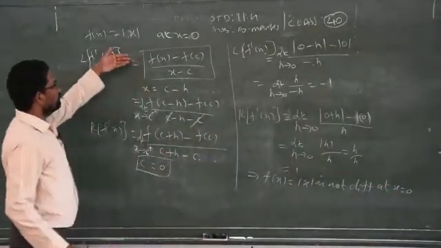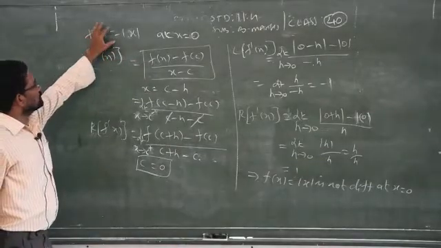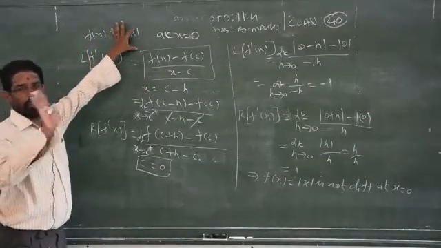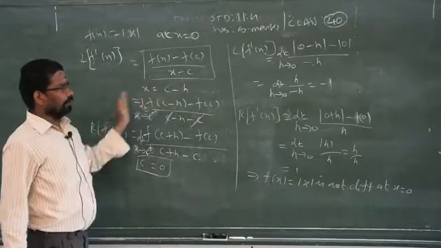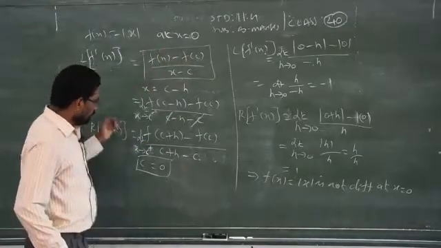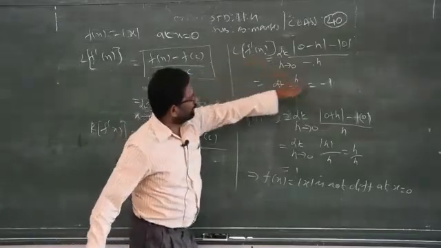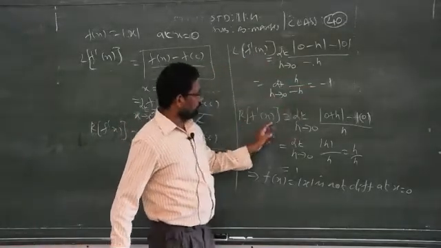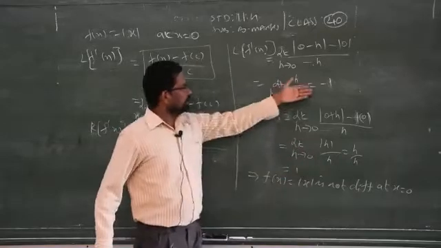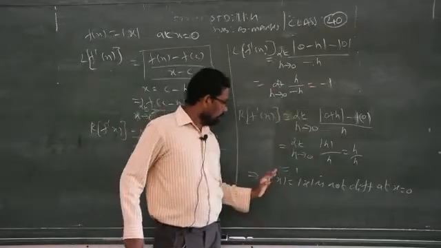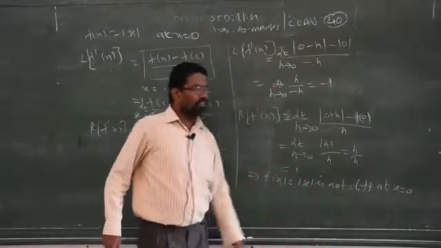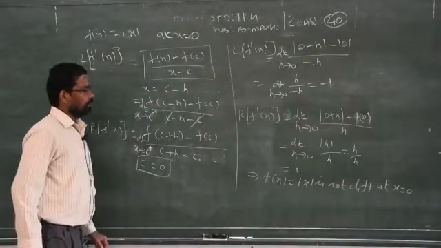But in the previous exercise we proved this is continuous, that is, the right hand limit, left hand limit and the function value agree. Here under the derivatives, the left hand derivative is minus 1 and the right hand derivative is plus 1. When these two are not equal, modulus of x is not differentiable at x equal to 0.